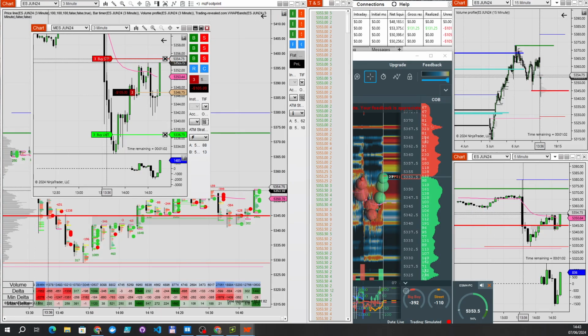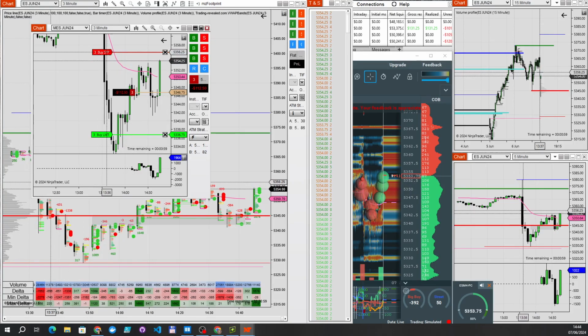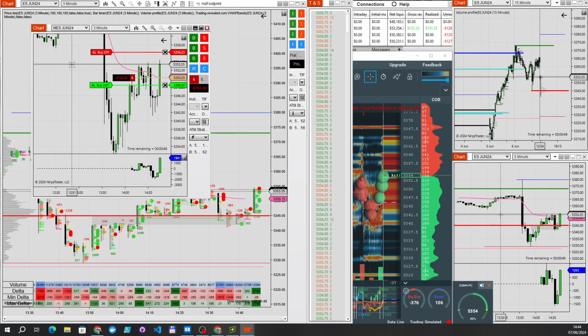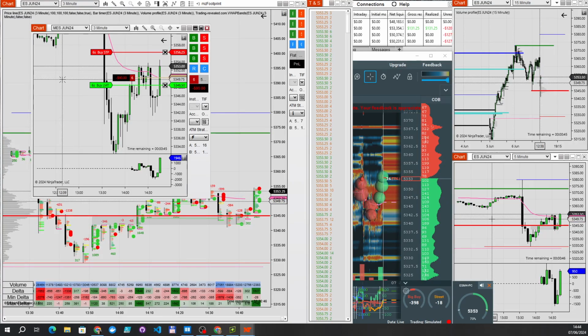Okay, unless they just went there to grab that liquidity. And now we're gonna go lower. Once we took that top. It was like a 7 points push up. Really?